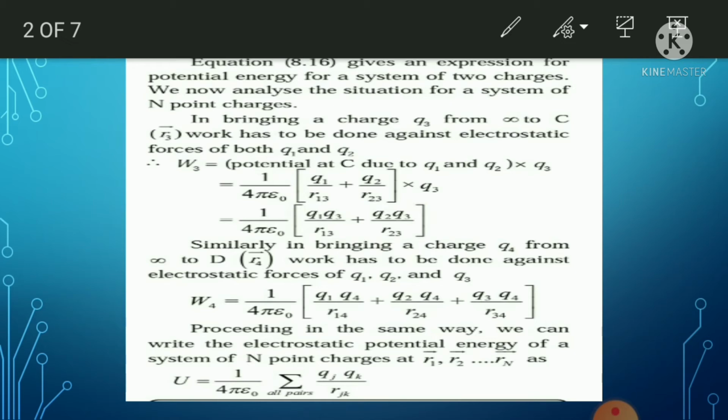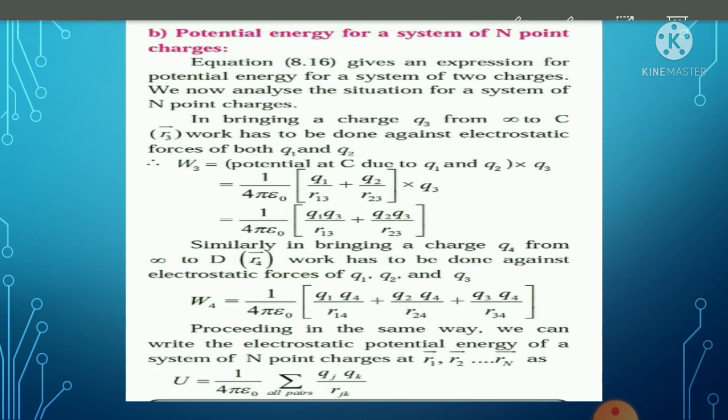Simplifying this equation, W3 equals 1 upon 4 pi epsilon 0 into bracket Q1 into Q3 upon R13 plus Q2 into Q3 upon R23.